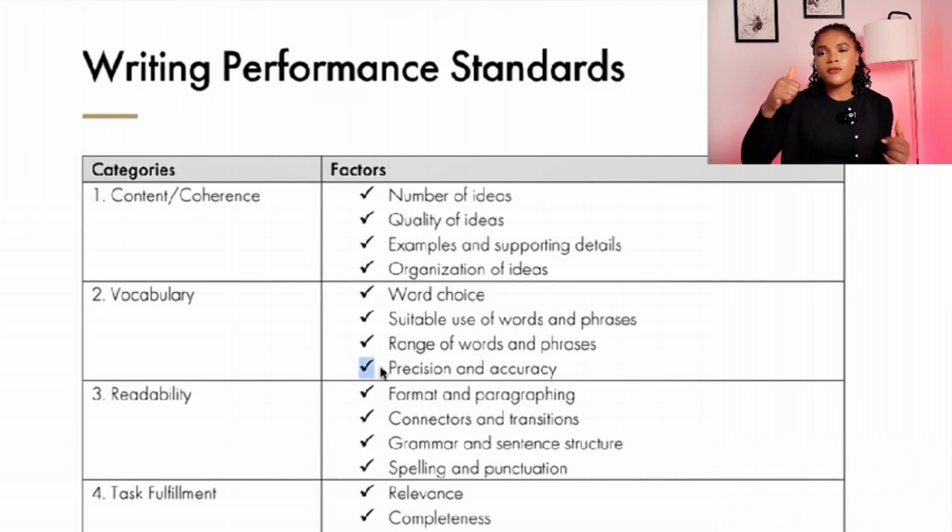So the rule of thumb for this point is ask yourself, if this was in real life, are there questions that the person receiving this email would have for me in order for them to be able to work on my email? If there are questions that this person would have for you, please include them in your response. It means you are not precise enough. So precision and accuracy is very, very important.